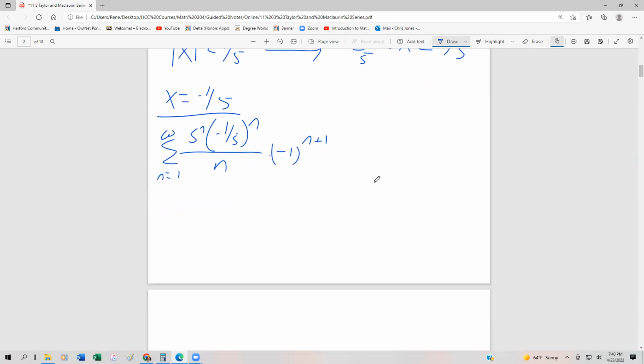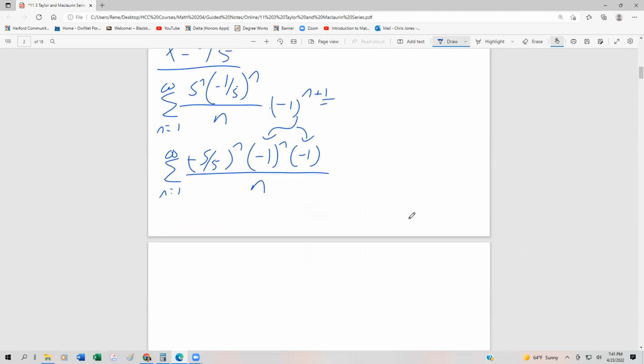And we can go ahead and rewrite this as the series n equals 1 to infinity. We could write this as −5 over 5 to the n. Let's rewrite this as (−1)^n times −1. Just breaking off this 1 here, and then that's going to be divided by n.